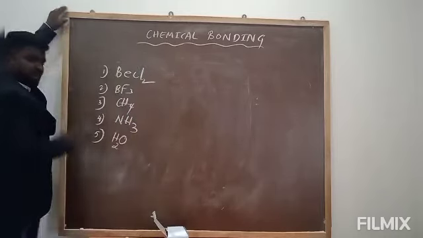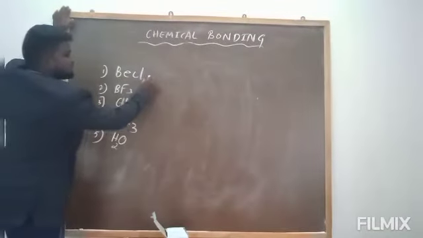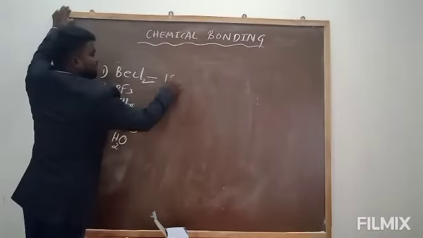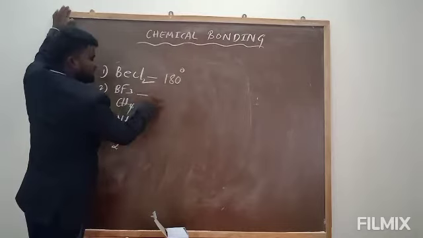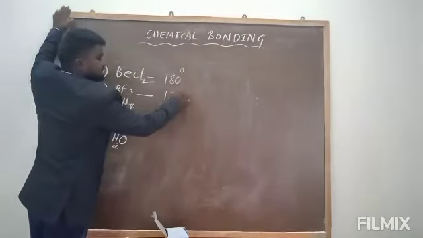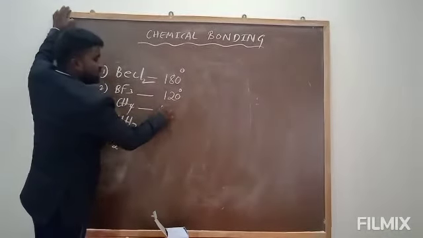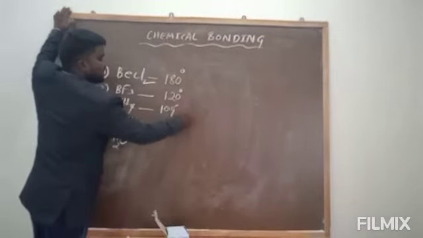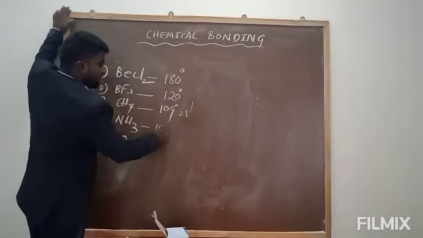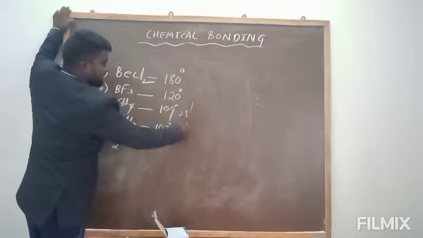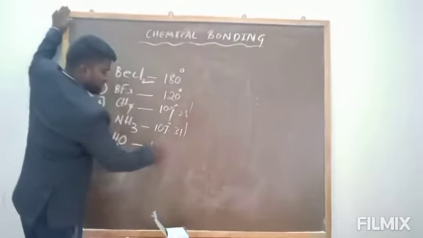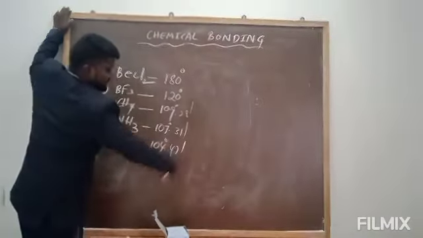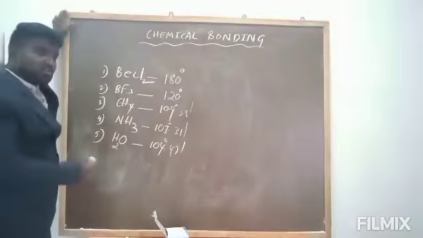In these five molecules, what did you notice? What is the bond angle of BeCl2? 180 degrees. BF3? 120 degrees. Methane? 109 degrees 28 minutes. Ammonia? 107 degrees 31 minutes. The water molecule? 104 degrees 47 minutes.